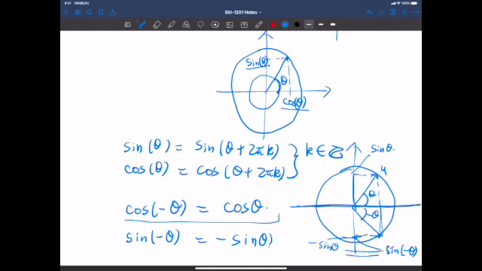So cosine is a symmetric function and sine is an antisymmetric function.